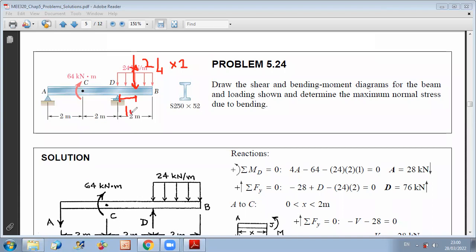But keep in mind that whenever you do a section, you cannot reduce the load before doing the section. We always replace a distributed load by a concentrated force after doing the section of interest. So here, for example, when you deal with the section from D to B, you do the cut, then you reduce the remaining part if you want to do the analysis on this part.